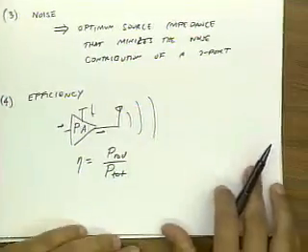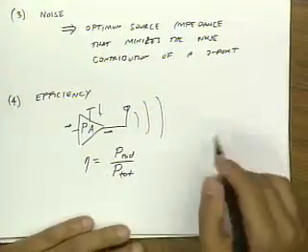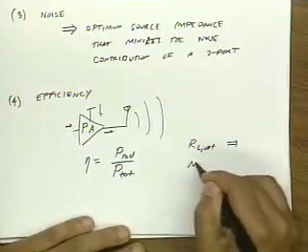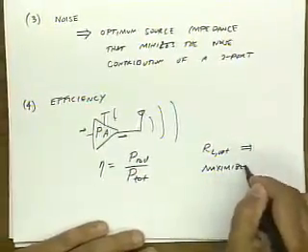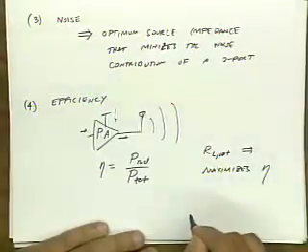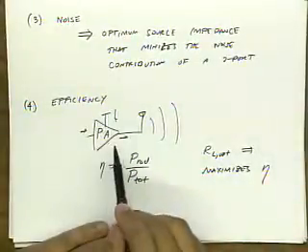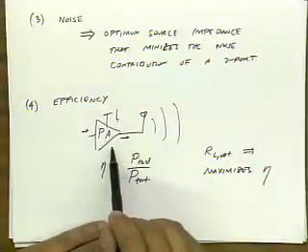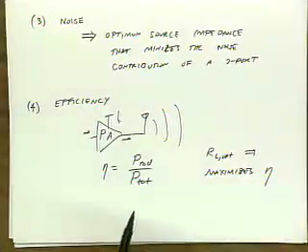And what we'll find in this course is, again, there is an RL optimum that maximizes efficiency. And so when you design power amplifiers, we won't be concerned with power gain, we'll be concerned with efficiency. So these are some 4 important reasons why we should care about impedance matching. Okay.